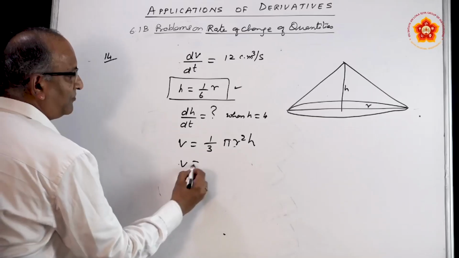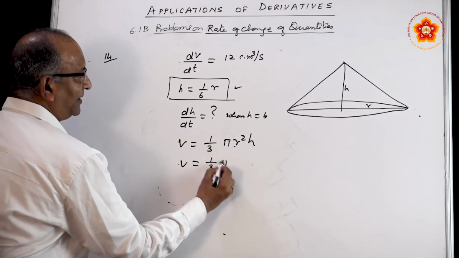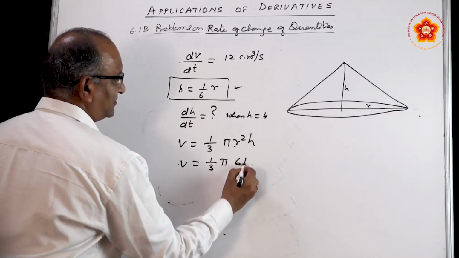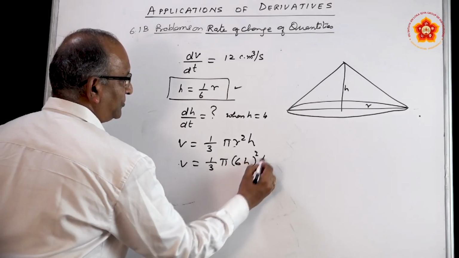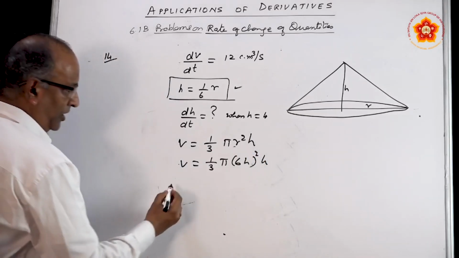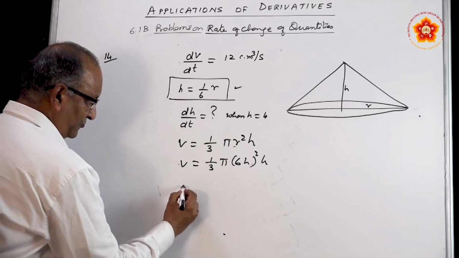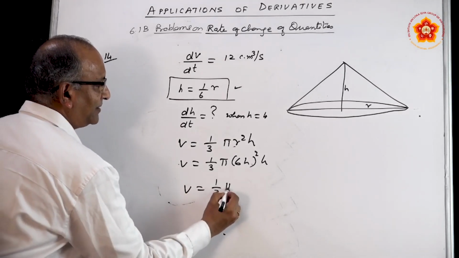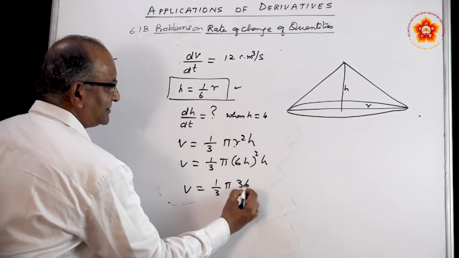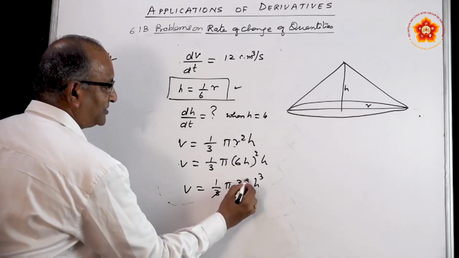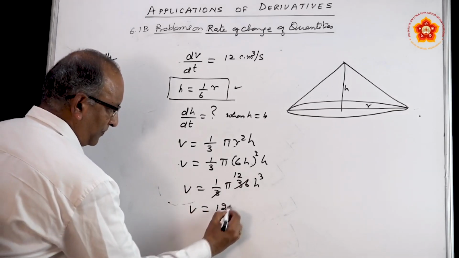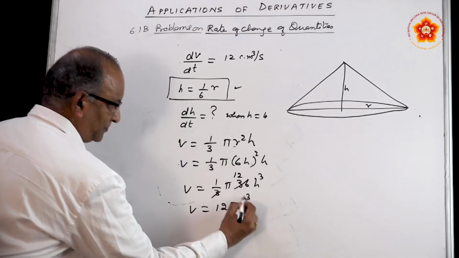So, we get v equal to 1 by 3 pi, in place of r 6h whole square into h, or we can say v is equal to 1 by 3 pi 6 square, 36, into h cube. 3 ones are 3, 12s are 12, v is equal to 12 pi h cube.